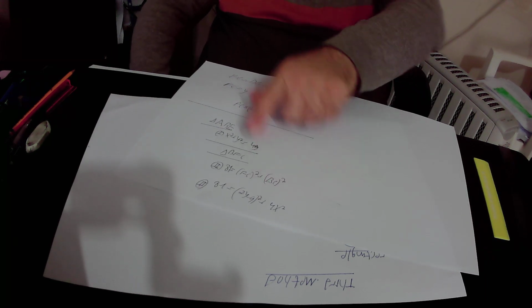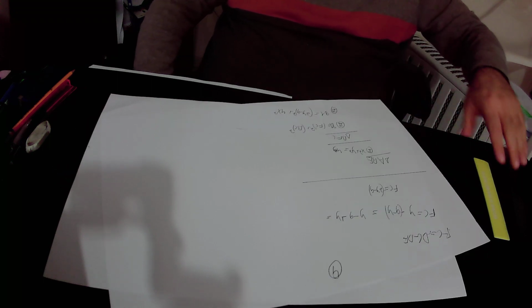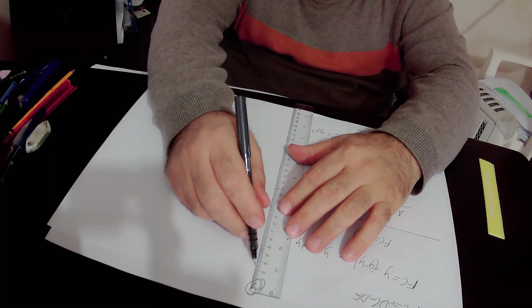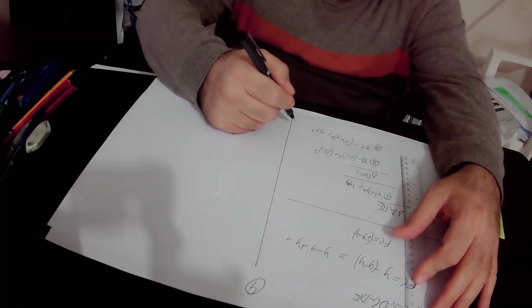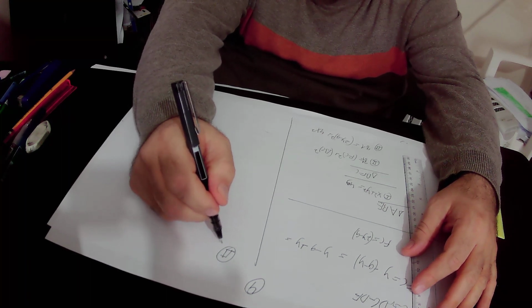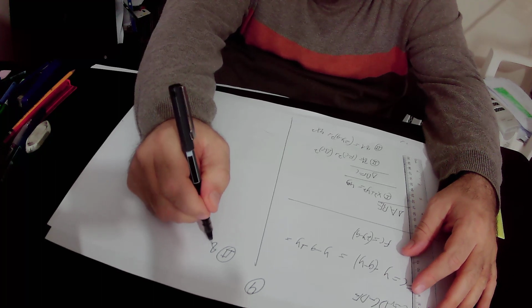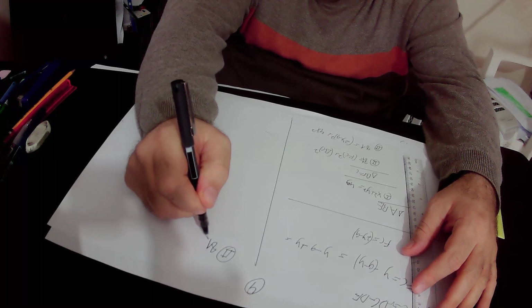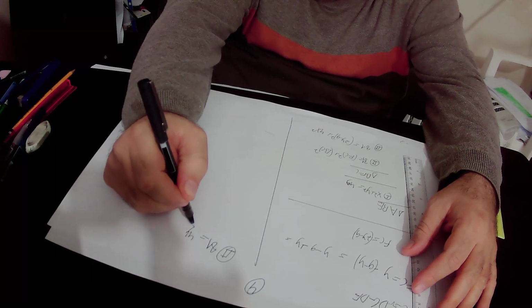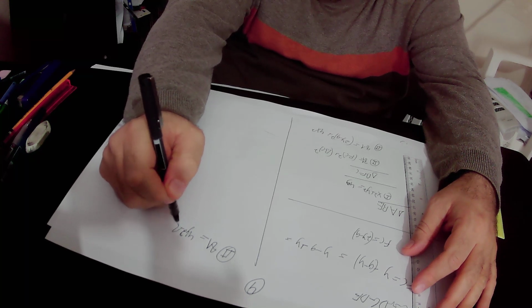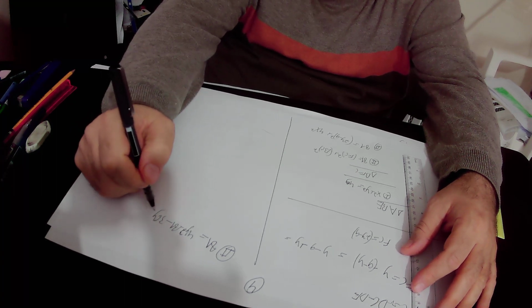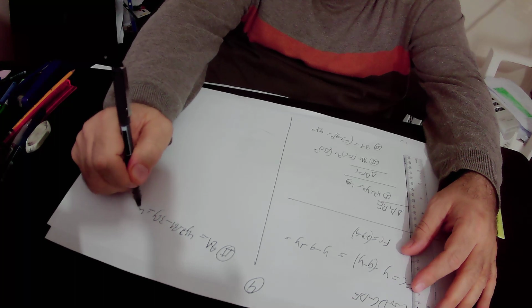We'll open the brackets here and we'll get that 81 equals 4y squared plus 81 minus 36y plus 4x squared.